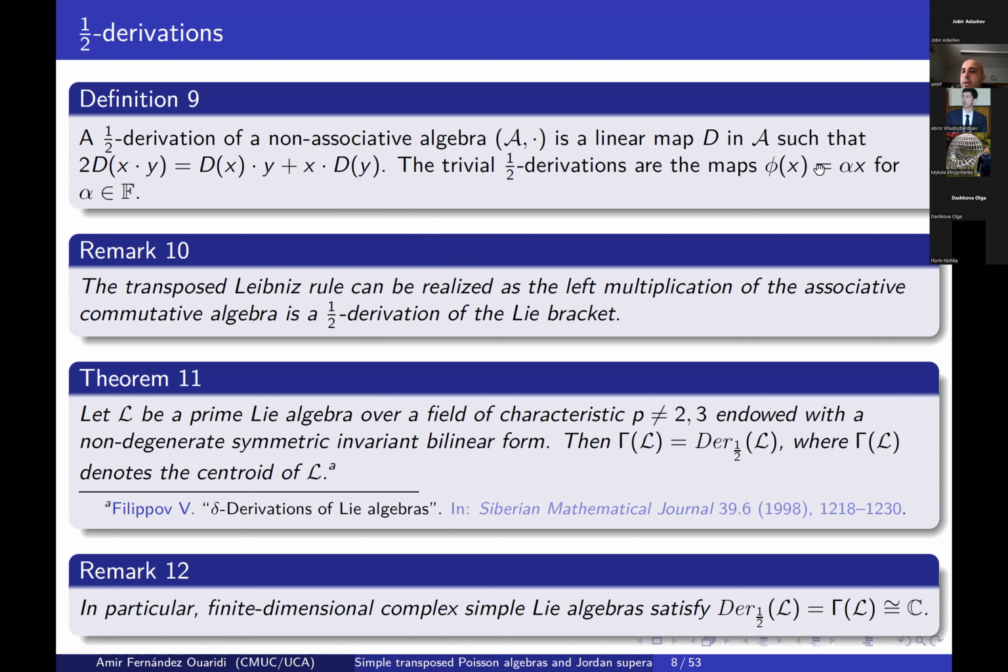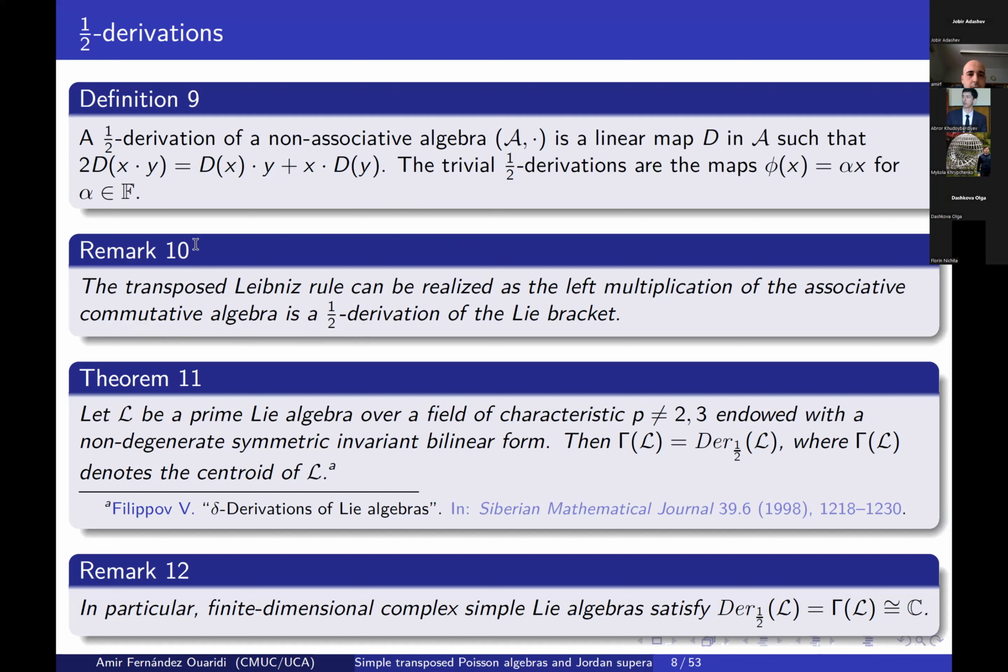In general, if we choose a map phi of this form, where alpha is an element in the field, it is always a 1/2 derivation. So these kinds of maps are usually called trivial 1/2 derivations.